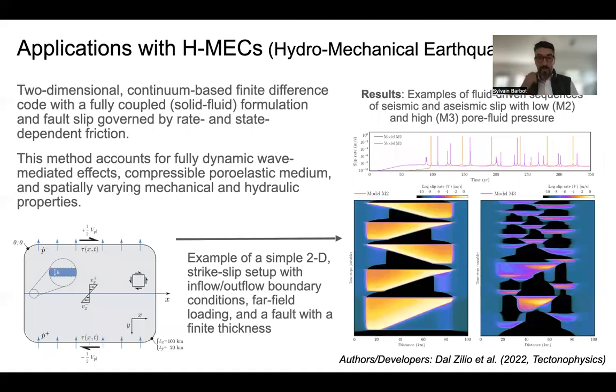Another example was also provided by Dal Zilio that incorporates the full coupling between fluid flow along the fault, but also in the surrounding poroelastic domain, with the rate and state-dependent friction on the fault plane. So this illustrates the versatility of the volume-based methods to incorporate complicated physics on and surrounding the fault plane.